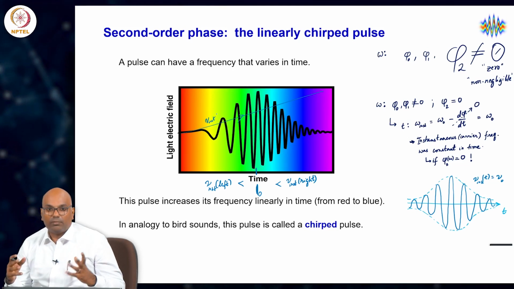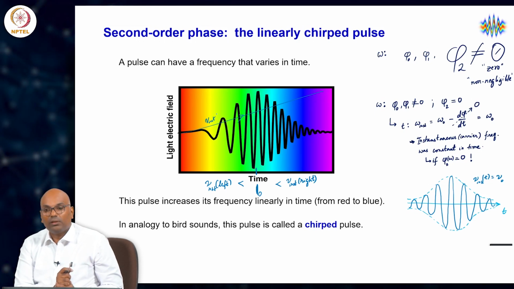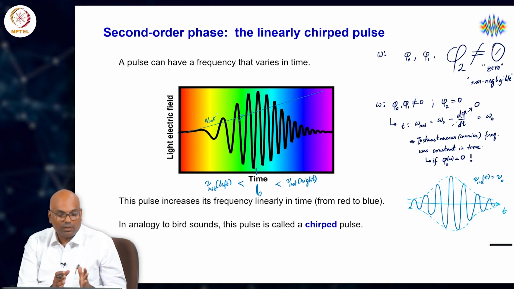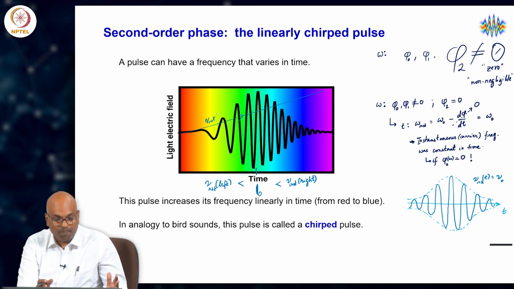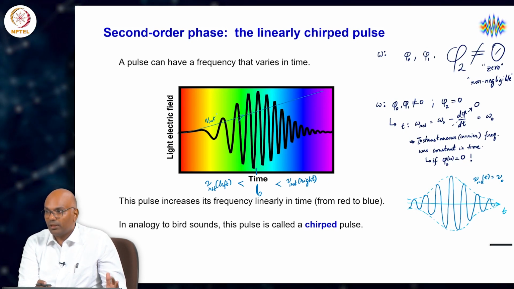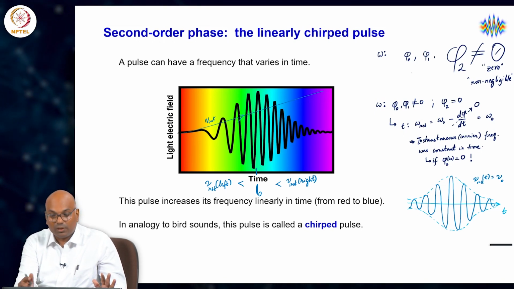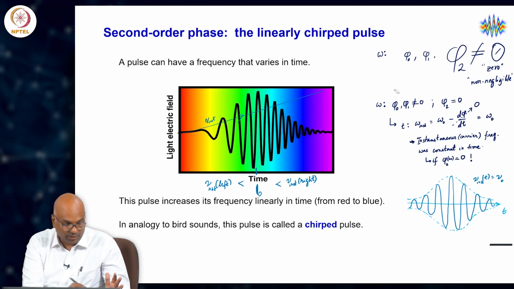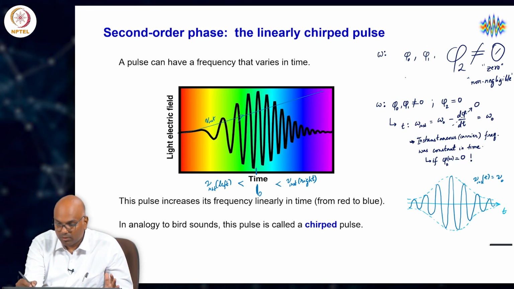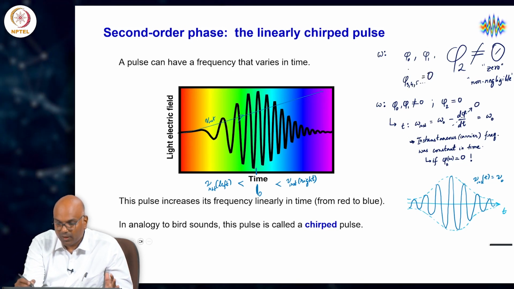We have not done any math. If you take my word for it that this figure is correct, up to the second order phase, in the spectral phase expansion we have non-zero terms in the Taylor series, but third order onwards is 0. Phi naught is non-zero, but phi 3 and others are 0. To keep the discussion more accurate, phi 3, 4, 5 are 0.